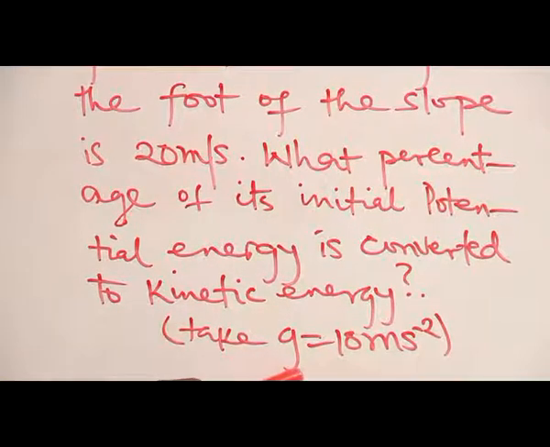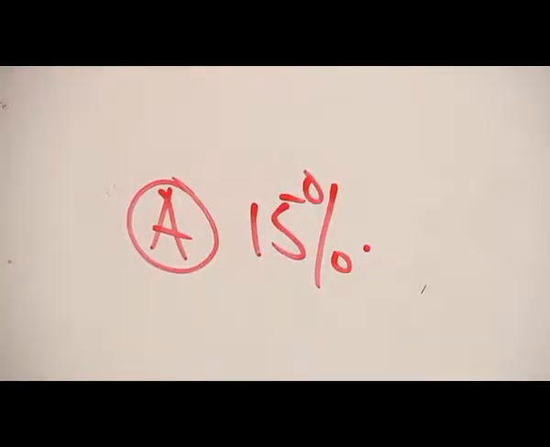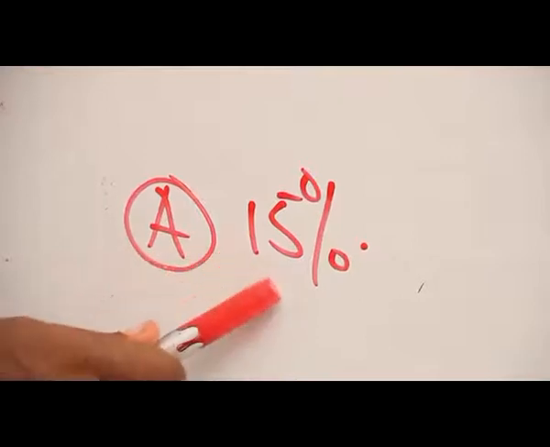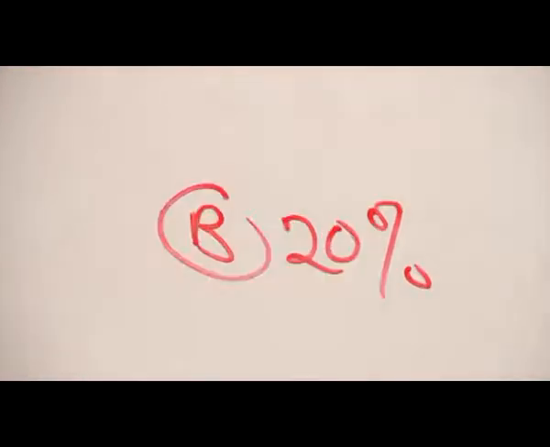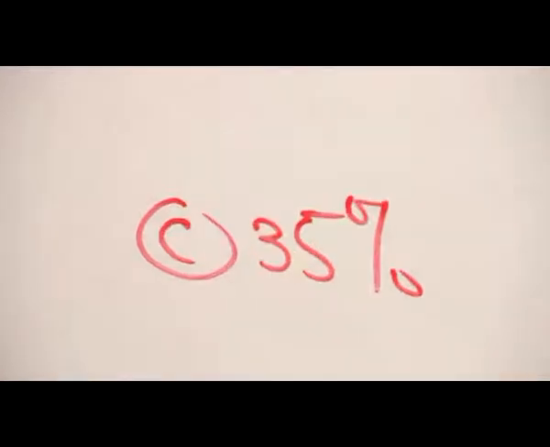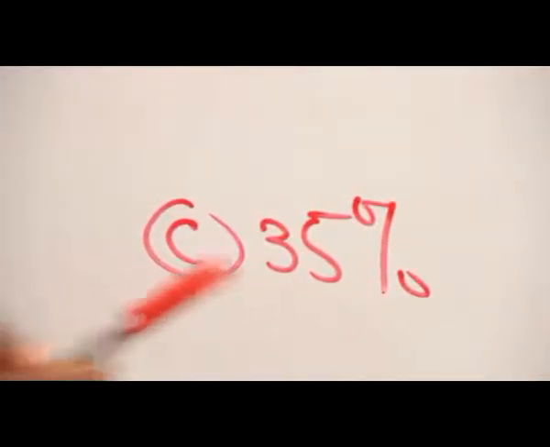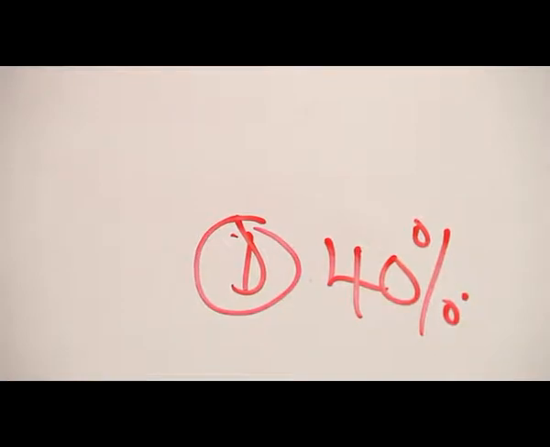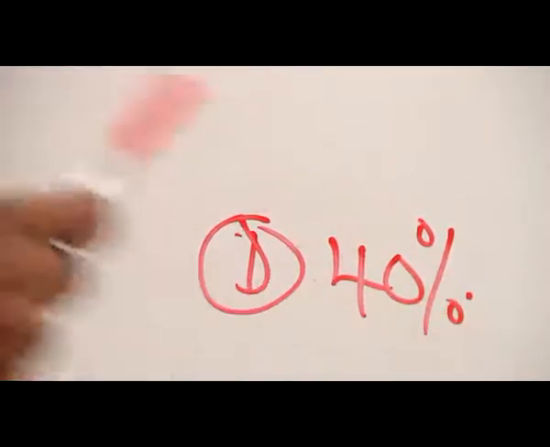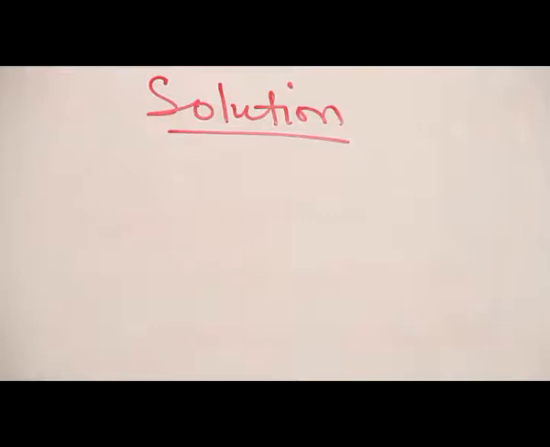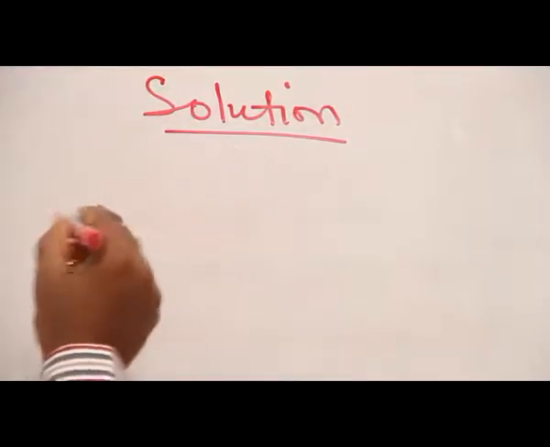Take acceleration due to gravity as 10 meters per second squared. The options are A, 15%, B, 20%, C, 35%, and D, 40%. The solution is as follows.